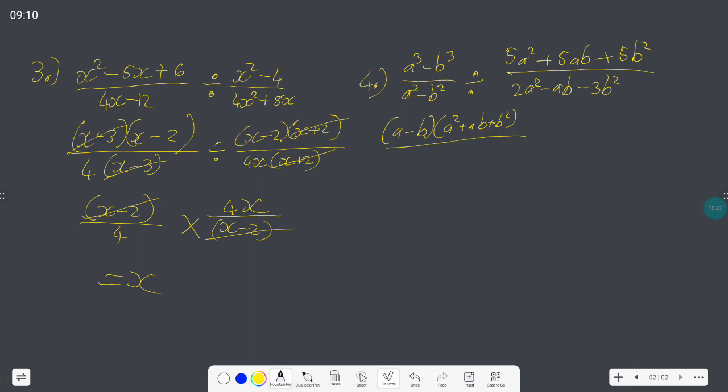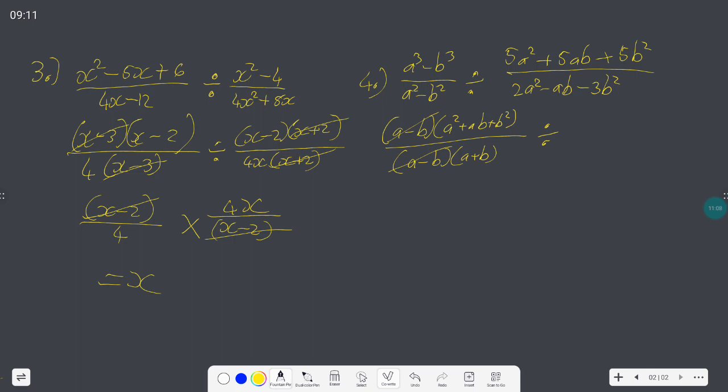At the bottom I have a minus b and a plus b. These two cancel each other out. You can simplify there already. Now, we're still going to keep a divide. Keep in mind you can combine these two steps. You will still get your marks for it.